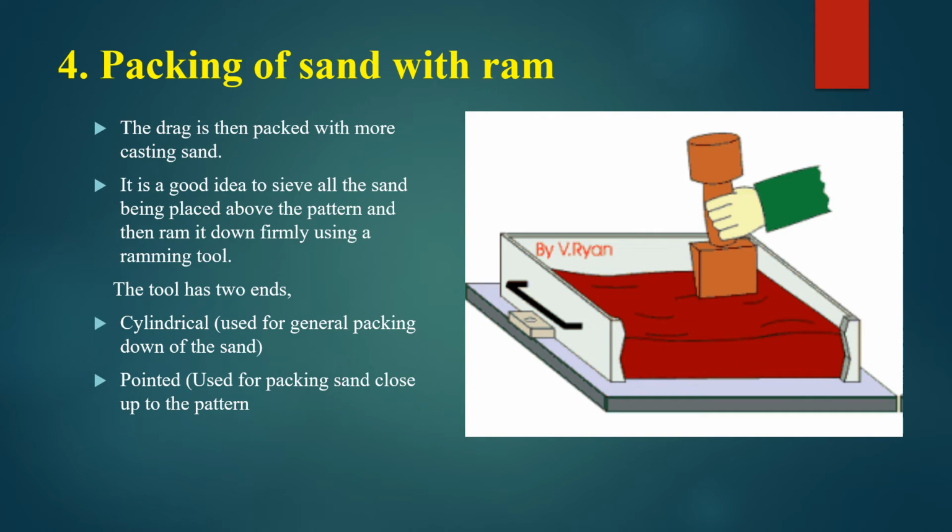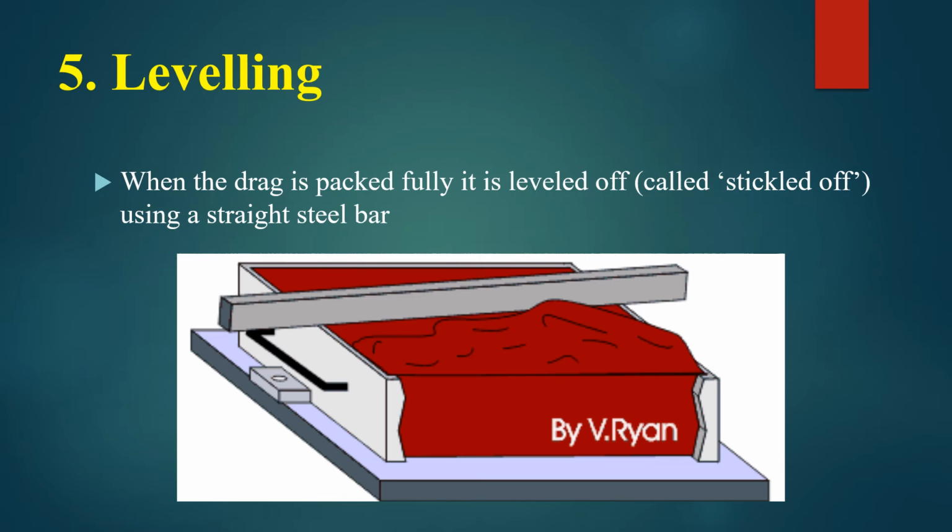It is a good idea to sieve all the sand being placed above the pattern, then ram it down firmly using a ramming tool. This tool has two ends, one cylindrical and the other pointed. The cylindrical end is used for general packing down of the sand and the pointed end is used for packing sand close up to the pattern.